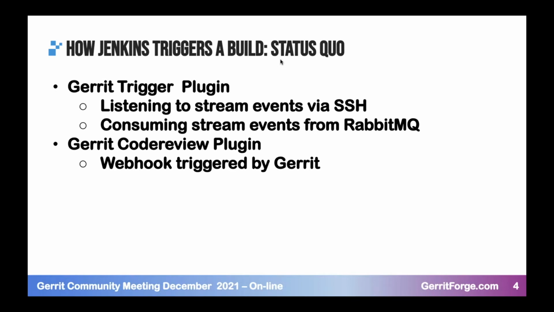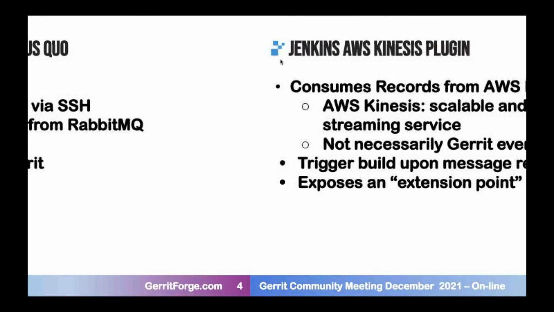The Gerrit Trigger plugin can listen to stream events via SSH, or it can also consume stream events via RabbitMQ. While the Gerrit Code Review plugin at the moment triggers the build via webhook in Jenkins. So the integration pattern is different.